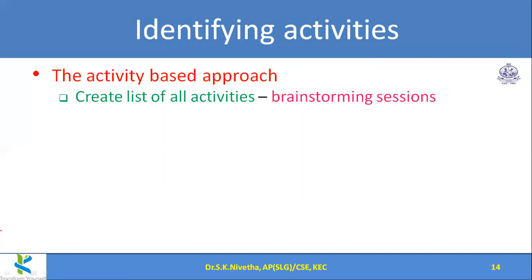Somebody will say this can be an activity, somebody will say no no no, that cannot be an activity, that can be further split into two, then it can have two more activities. Likewise, finally they have to conclude, okay, these are all the list of activities.